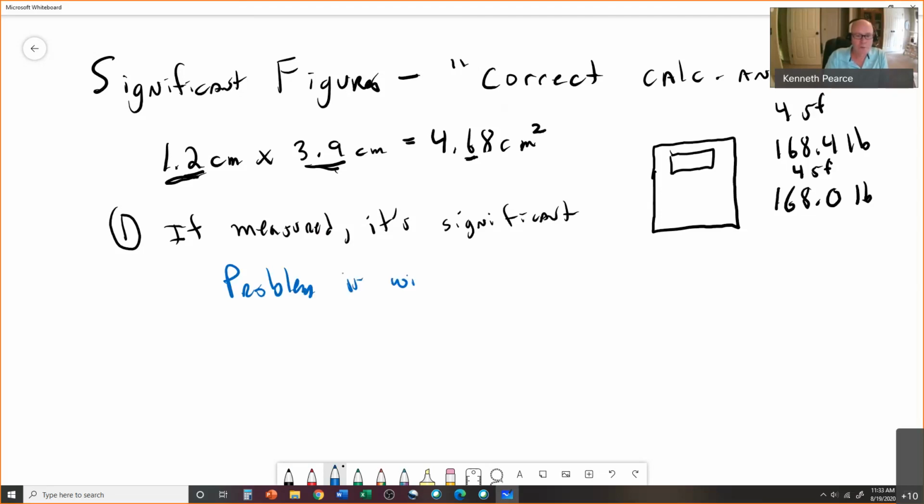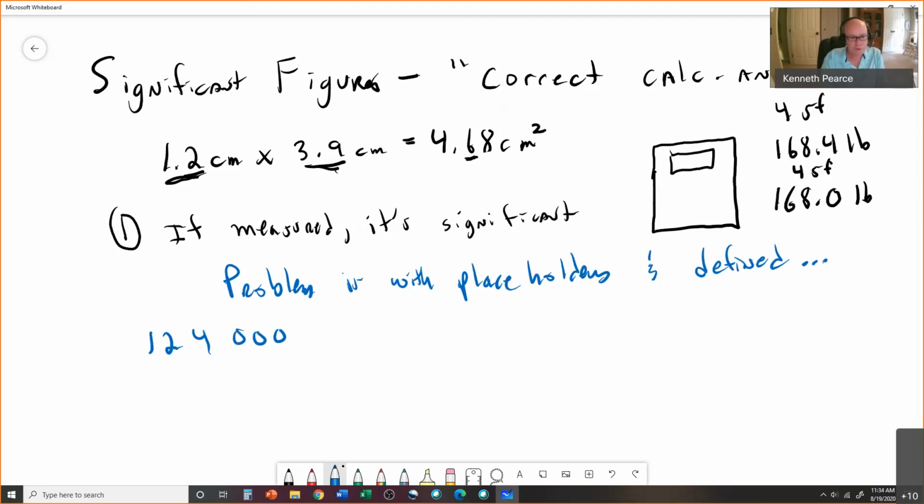Now, the problem is with placeholders and defined numbers. What does that mean? Well, let's say you have a very large number, and it turns out that with whichever device you used, the best you could do, these digits were measured, and these were just placeholders, and you know that.